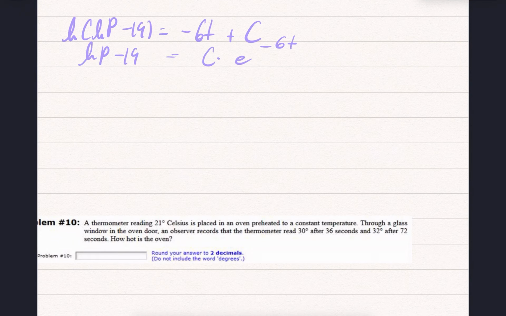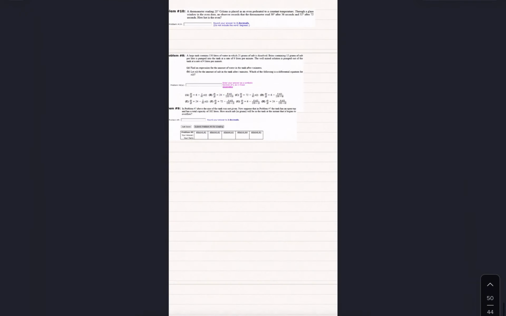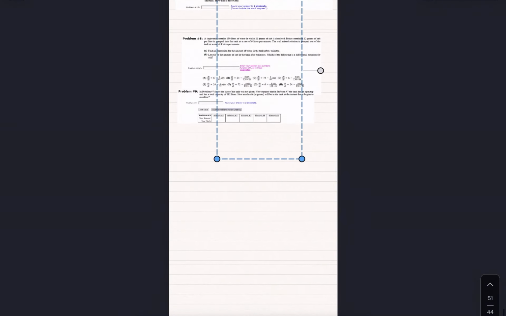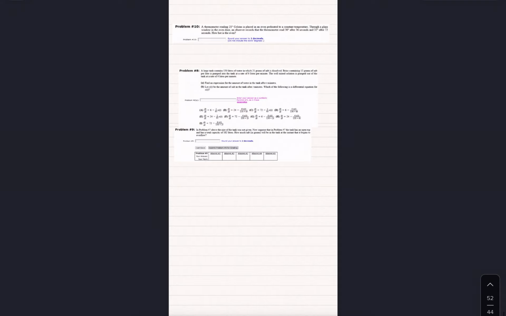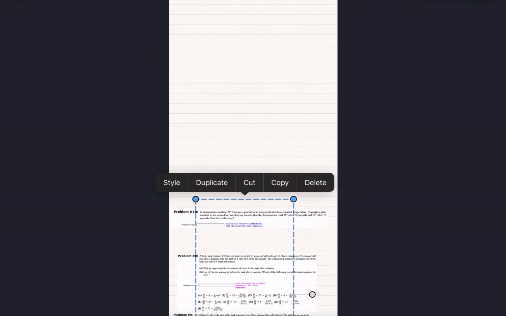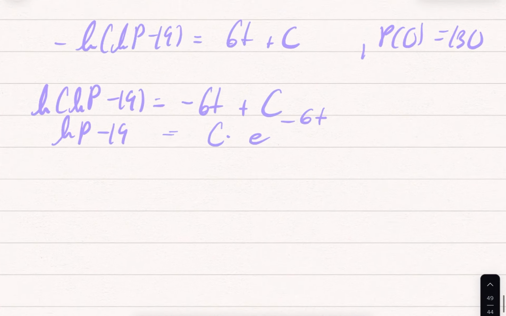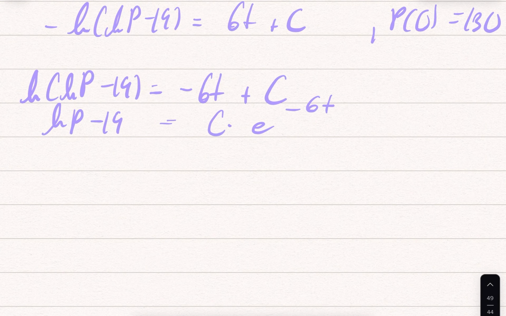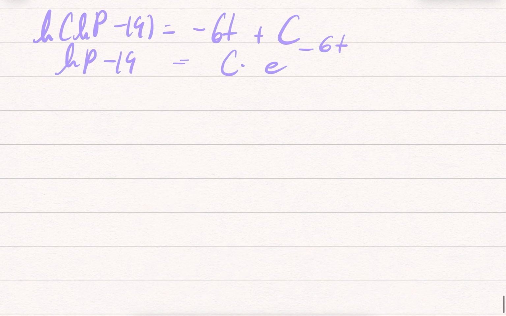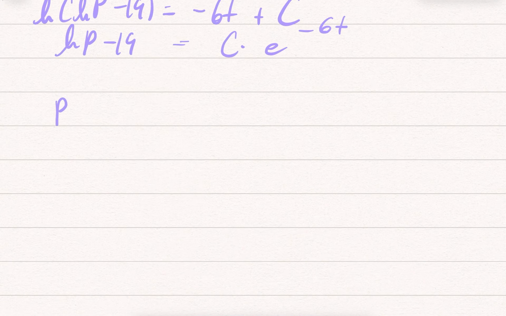Cool. Still can't put my initial value in. So I'm going to have to, I'm sorry, but I just got to move this down quickly. And so next thing I'm going to have to do is raise it again. So I'm going to have p minus e to the 19.